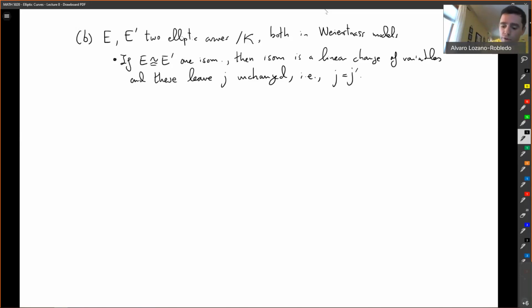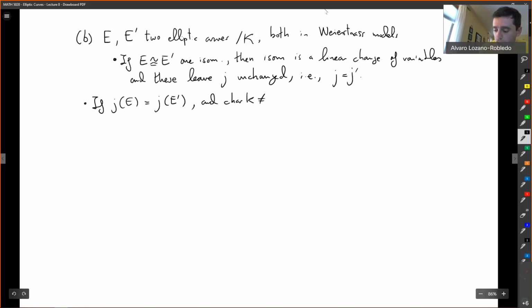Now let's go in the other direction. If the j of E equals the j of E prime, then what happens? If the characteristic of our field is not 2 or 3, then I can write both of them in short Weierstrass forms.